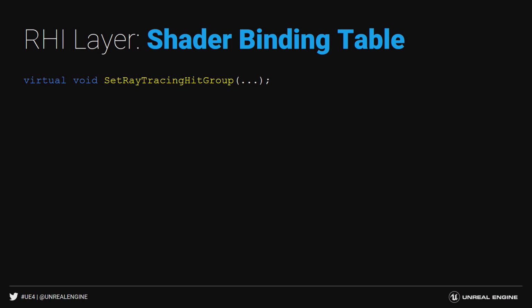And it's all sort of abstracted away from the user. Instead, we have this function here, set ray tracing hit group, that's sort of your only way into the SBT. And the reason that we do that is that we can leverage some optimizations when we build the SBT, do things like deduplication to kind of take that complexity away from the user and to get some efficiency gains back.